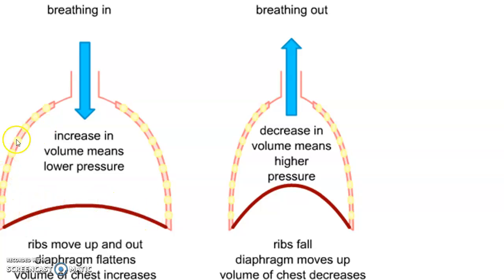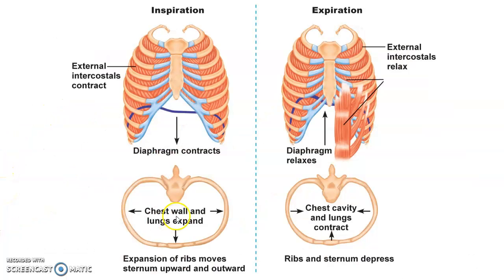And as it does so, look what it does. It widens the rib cage. It pushes the ribs apart and widens the rib cage. You can see that right here. This is the contracted diaphragm that's pressed down and widens the whole chest wall, and this instead is the relaxed diaphragm, which has buckled up and made that chest cavity smaller.